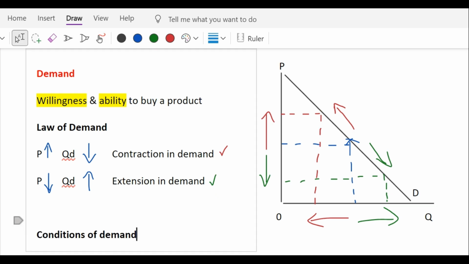Now let's move into conditions of demand. Conditions of demand is basically the other factors other than price which will affect demand. These are simply the factors that will lead to an increase or decrease in demand, which is a shift in the curve, not a movement along the curve.